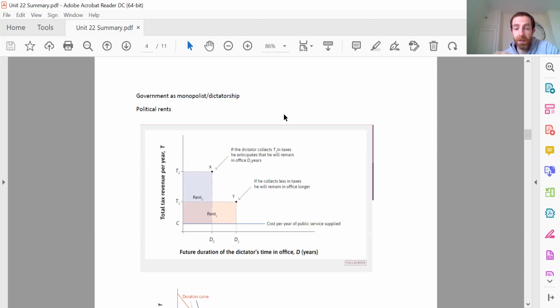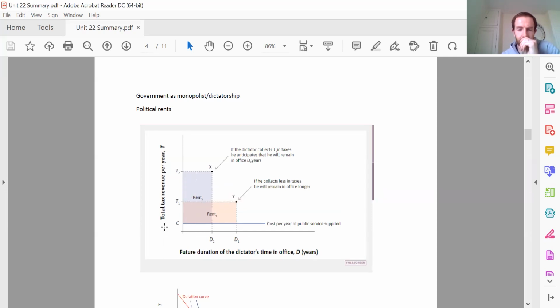I talked about tax, but really the reason that they're going to charge tax is because the dictator wants to try to maximize the political rent that they can achieve from being in power. So what do we mean by political rent in the model? Well, let's have a look at this diagram here, and let's focus on the blue shaded area to begin with.